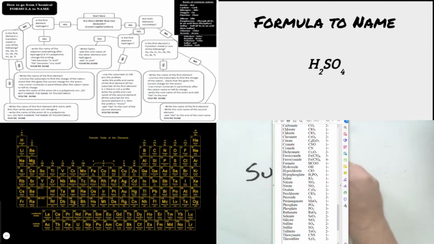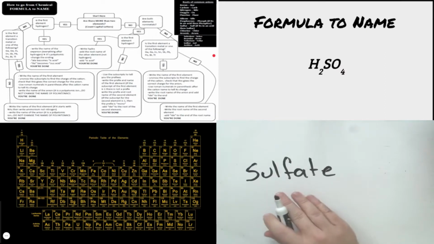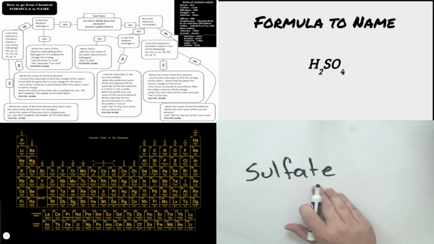Now I chose this one for a reason, because this is one that is a little bit different than some of the other compounds. So sulfate, I do want to make sure you note something. Up here, if you look at your flow chart, it says sulfur, the prefix is sulf.